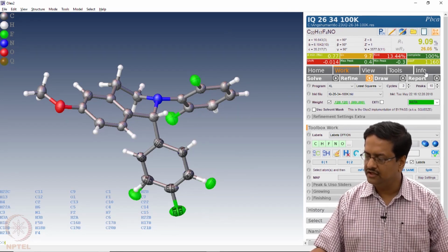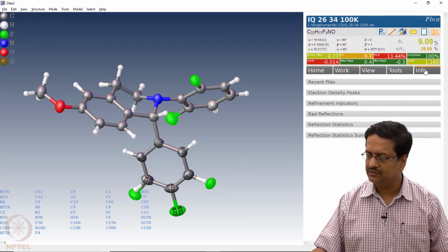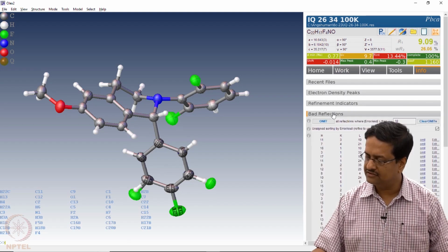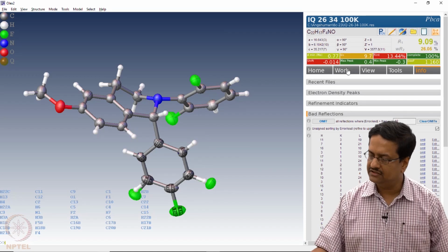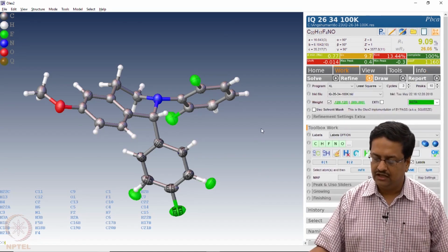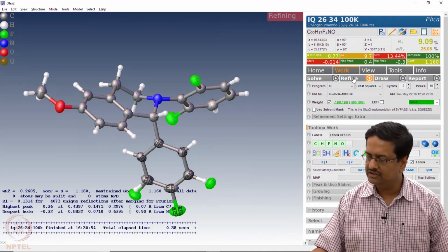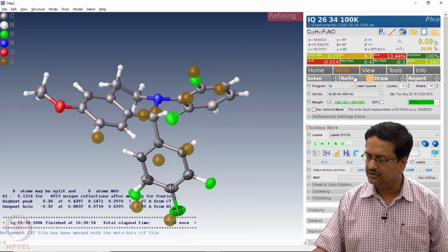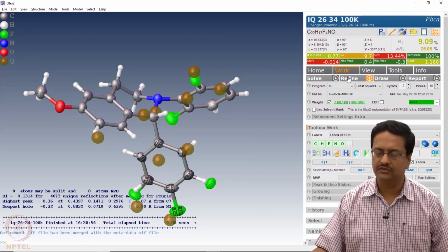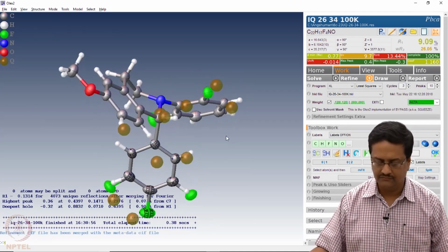This is not reducing, so we may try to see the bad reflections. Here we don't see much of bad reflection, so we cannot do much here, and we should leave it and try to complete the refinement, if at all, to a very small shift.